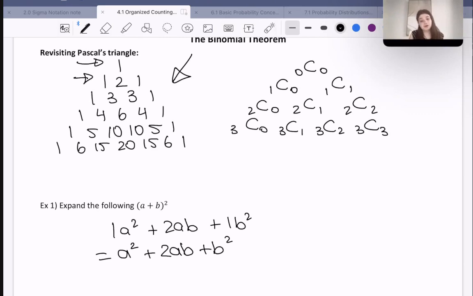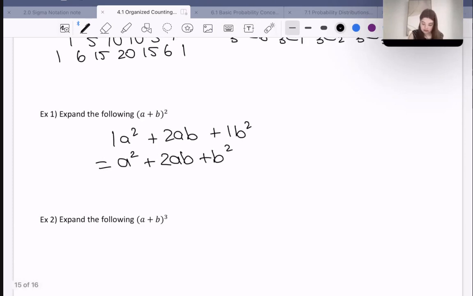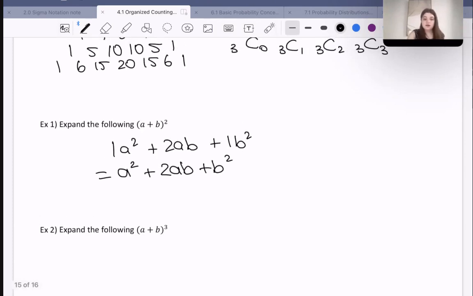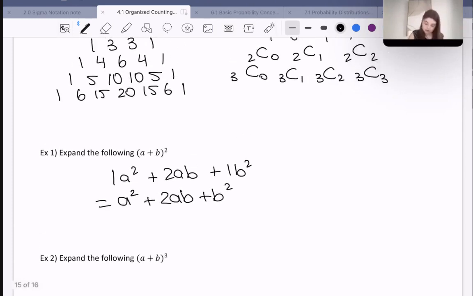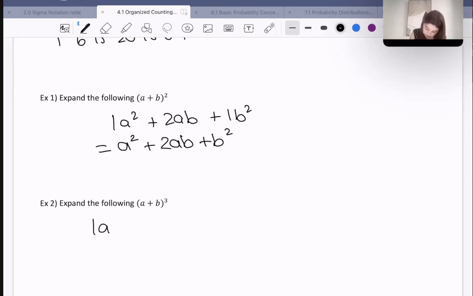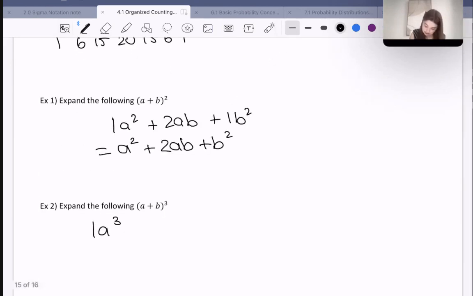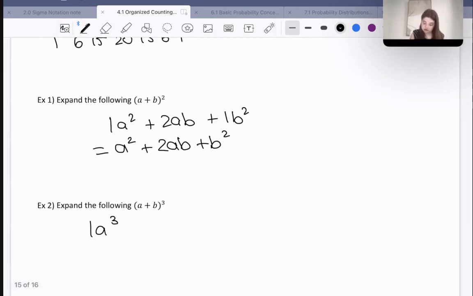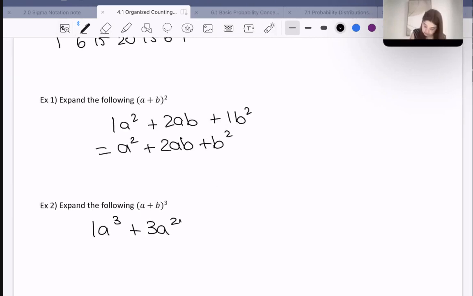Very good. Now, what about this one here, a plus b cubed? Well, in this case, we're going to use this row over here, right? We're going to use 1a cubed, and then 3 of the other combinations. So plus 3a squared b plus 3ab squared plus 1b cubed, right?